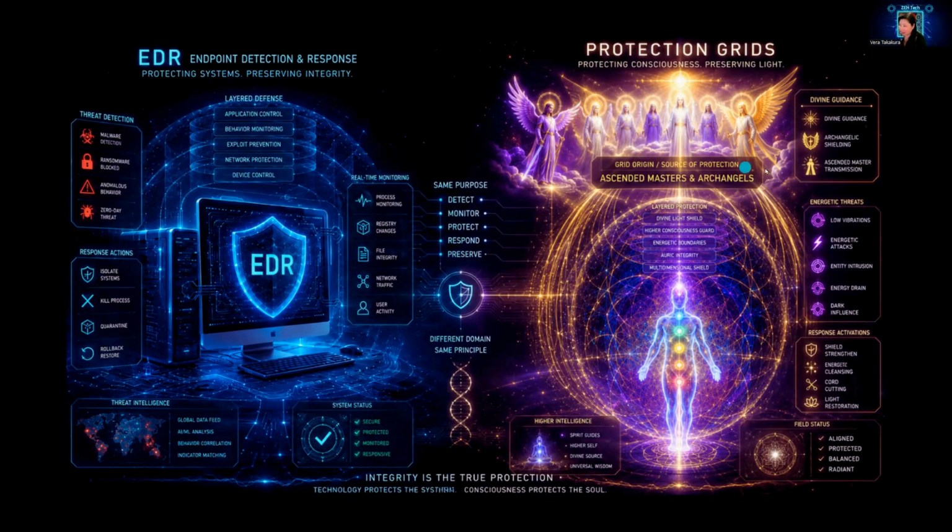In essence, I'm just showing the equivalent of the energetic layers that would be defined in a very similar manner, but they're both providing the features of detection, monitoring, protection, and response. And so, with that, I just want to reiterate: they help protect your consciousness, your subtle body, and your multidimensional operating system.